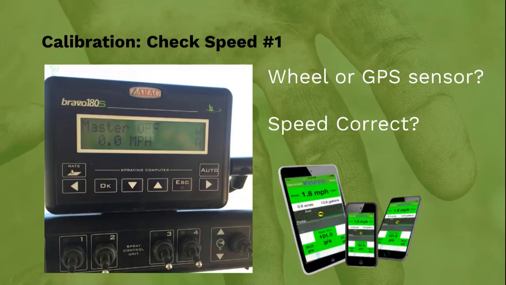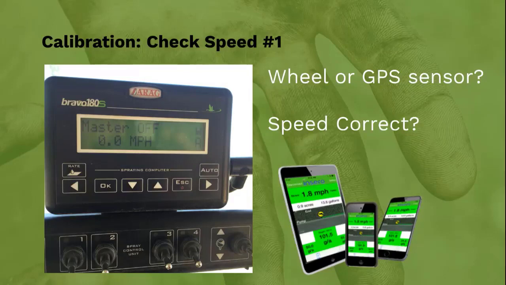Some rate controllers have a simple display, and others will link with software and map your spray rate through the entire orchard. But the important point here is that there is a sensor, and you need to make sure that the sensor is correct. So use one of the methods in the previous slide to once a year calculate your actual speed, and then make sure that the same speed is on the rate controller.